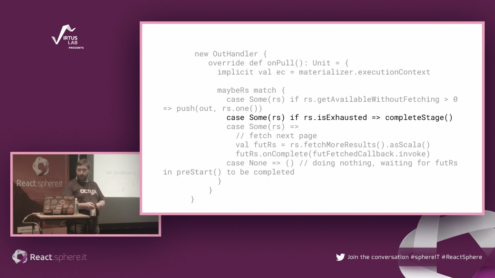Now what about the situation where I don't have the data, but Cassandra has some more data? You see? I'm just fetching the next page. So I'm saying fetch more results, and then I'm waiting for the callback to complete. This is a very interesting case because Cassandra actually has support for paging your queries. So when you do a query against Cassandra, you'll get pages.